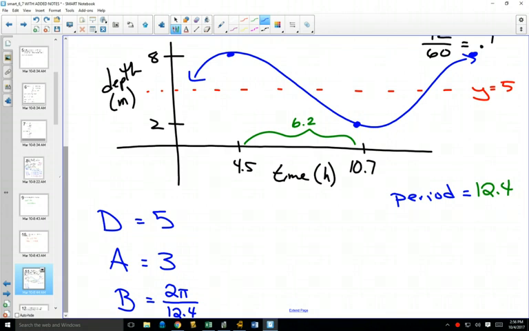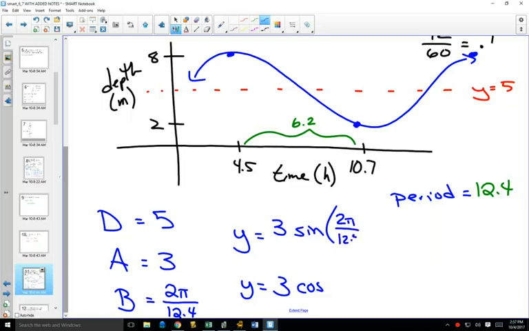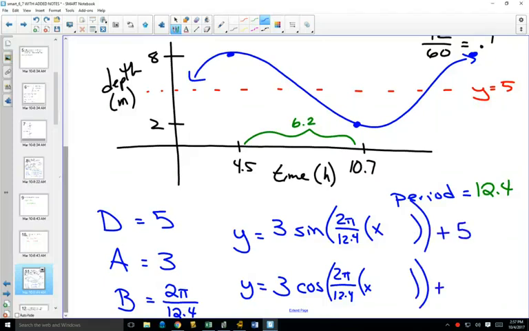Now this question said find one with sine, one with cosine. So we can write out two equations. The A is going to be 3 for both the sine graph and the cosine graph. Your B value is 2 pi over 12.4 for both of them. And your D value, plus 5, is also the same for both of them.